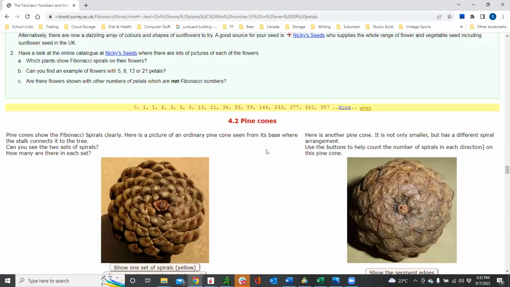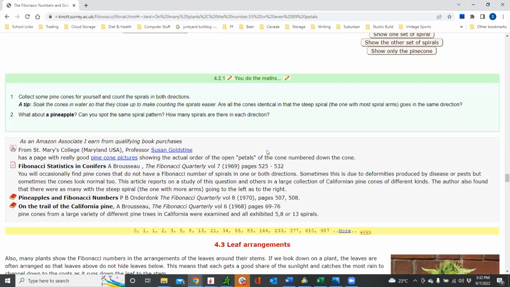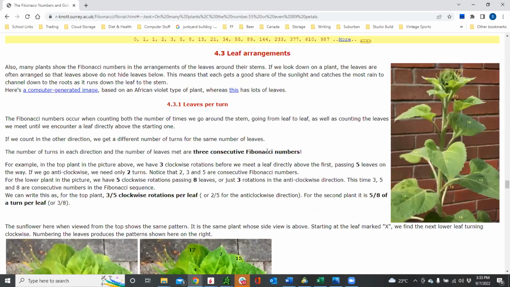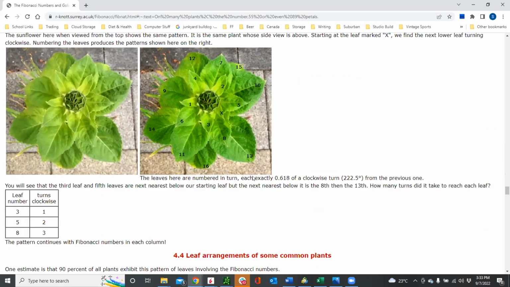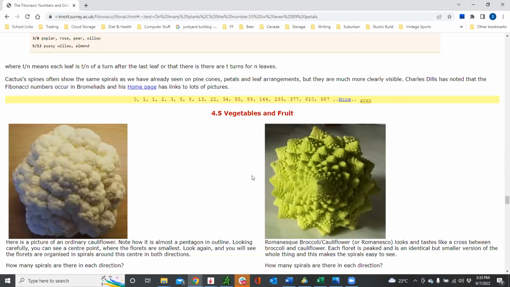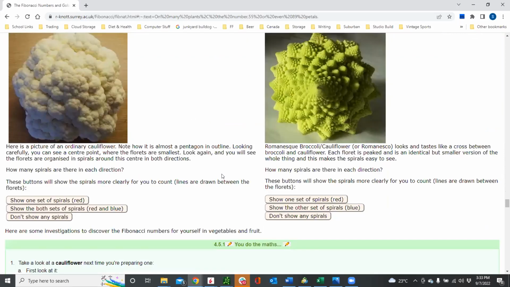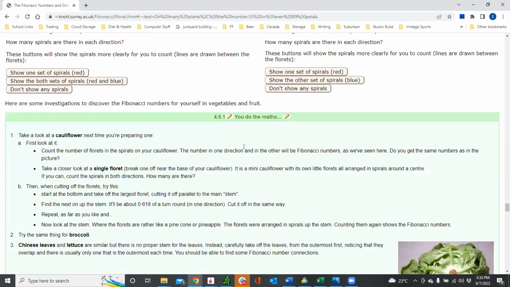Pine cones. I mean, pretty much anything that you've been exposed to is some type of a Fibonacci sequence. They're talking about leaf arrangements, vegetables and fruit. I mean, it's crazy. So anyway, how does that help you in trading?